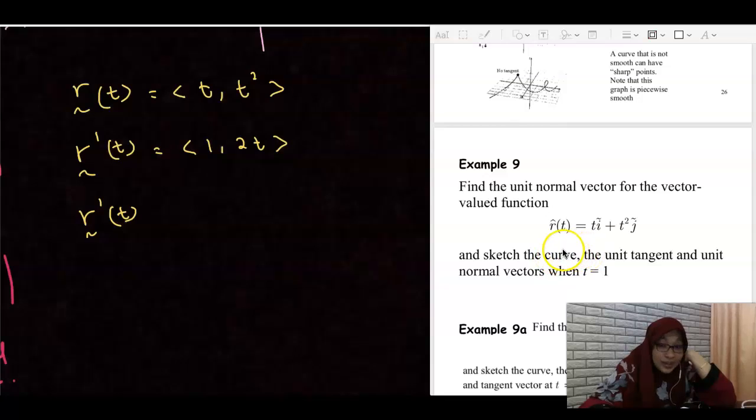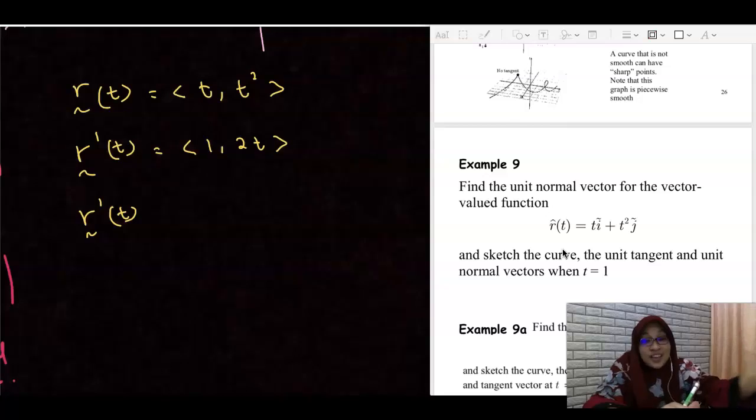If the question is not asking you to sketch the curve, the unit tangent and the unit normal, then I don't think the given t is important. If they just give you the t but don't ask to sketch, then it's nothing.